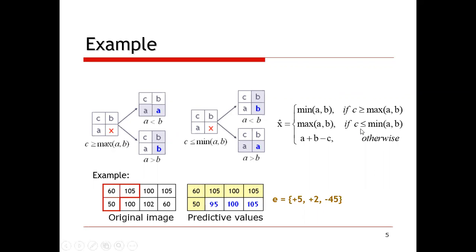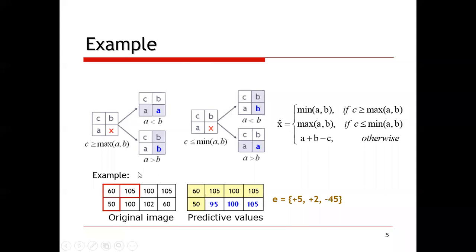And if c is less than or equal to minimum of neighboring pixels a, b, then x bar, the predictive value, becomes maximum of a, b. If the above two conditions are not satisfied, then the predictive value of x becomes a plus b minus c.